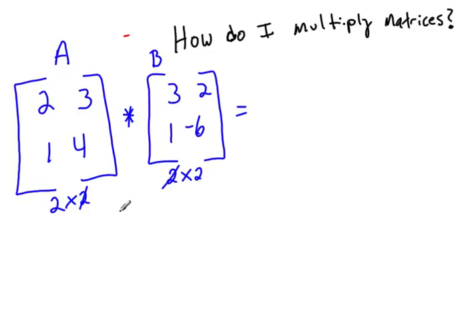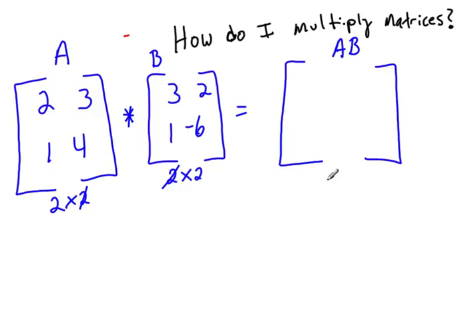we know that our new matrix AB, or A times B, is in fact going to be a 2 by 2, because these 2's are the numbers that are left over. Okay, so what we're going to do here is we need to multiply this 2 times this 3.